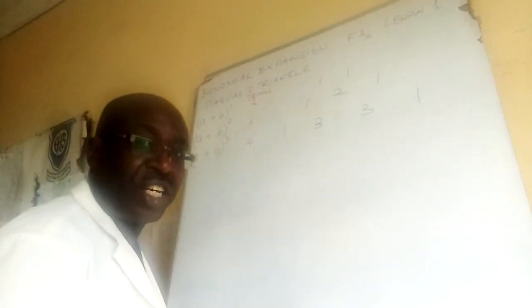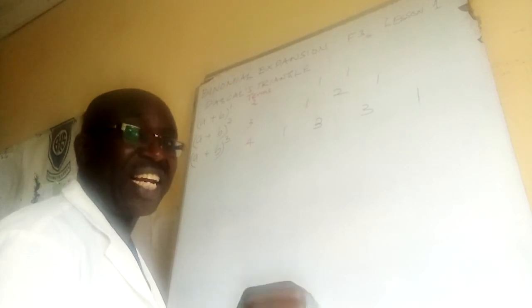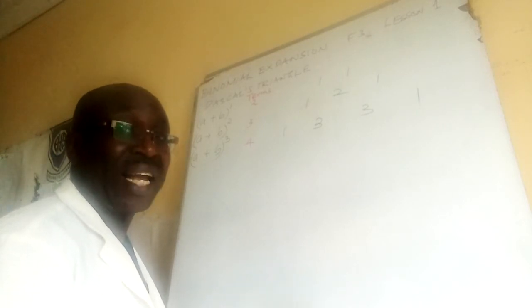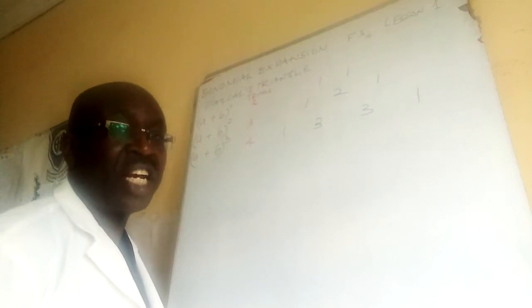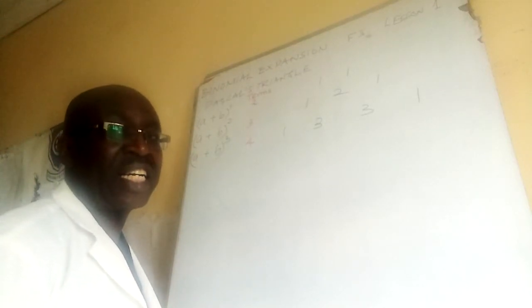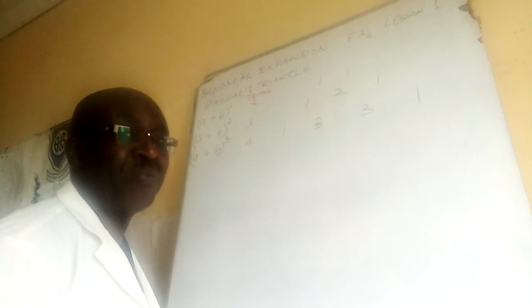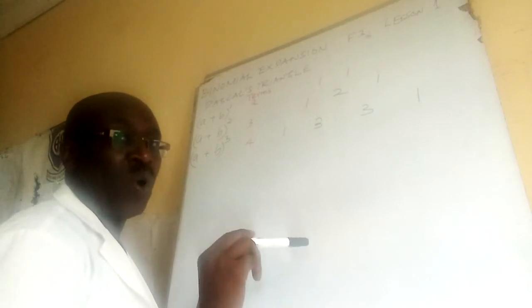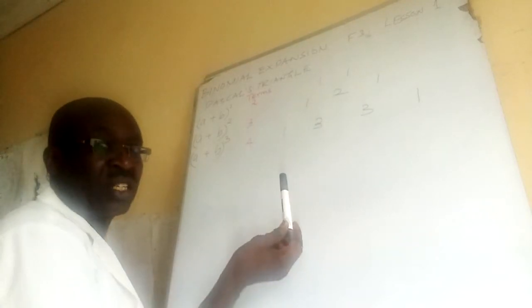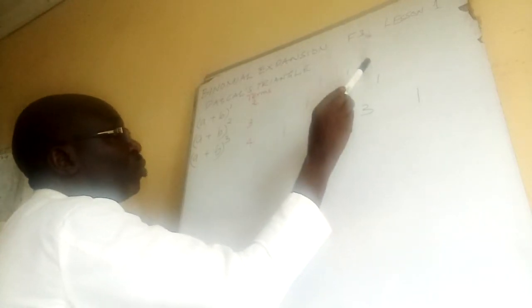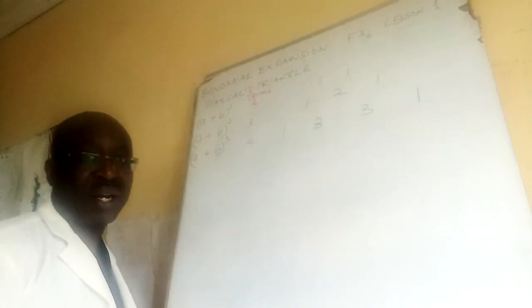The coefficient of the second term is 2. And the coefficient of the third and last term is 1, because we had B squared. So if I extract the coefficients, we get 1, 2, 1.